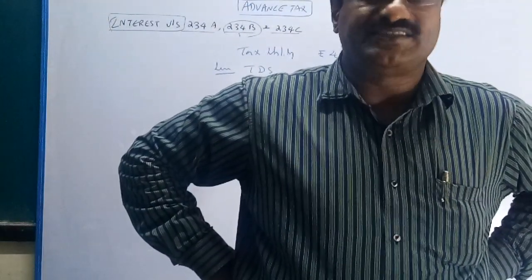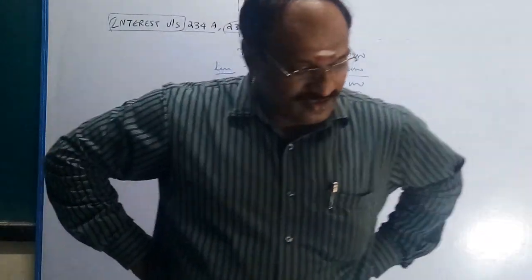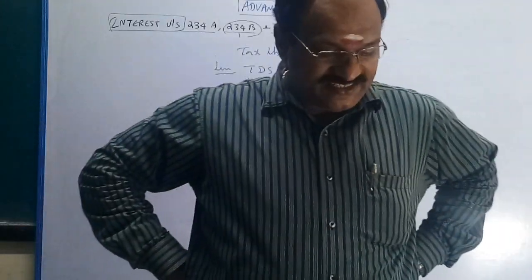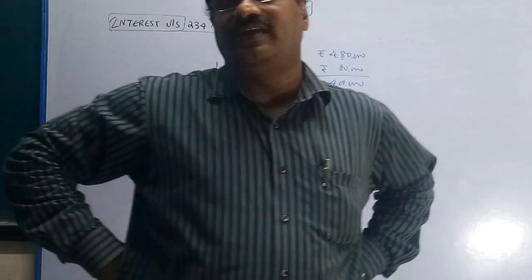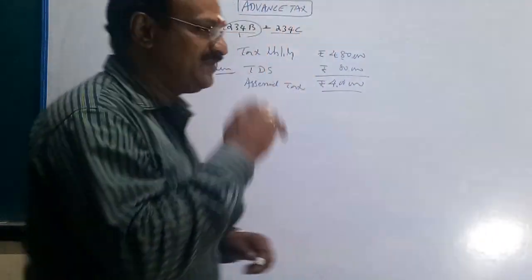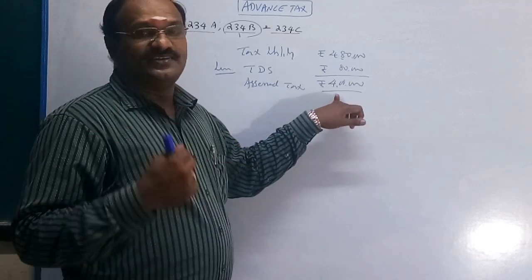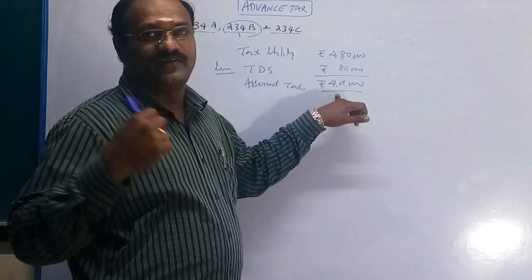Compute the interest under section 234B in the following situations. Two cases given. No advance tax is paid by Mr. X and self-assessment tax is paid on 10/9/2020. So, no advance tax paid, thereby 234B will commence. Interest will commence on 1st April of the relevant assessment year.